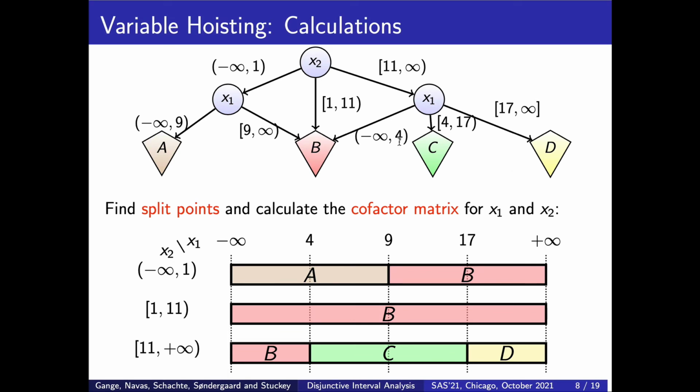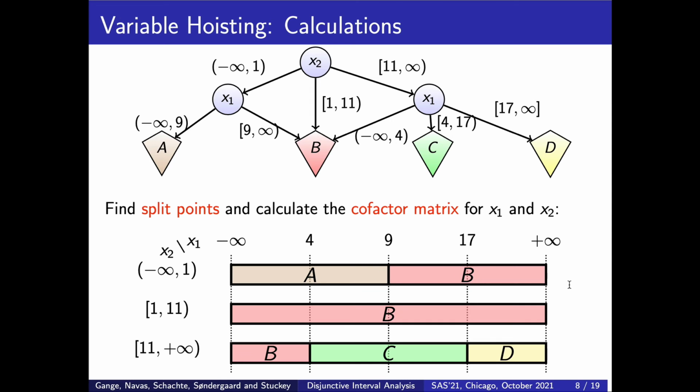So for x1, we recognize here that we're going to need 4, 9, we're going to need 17. And so we can build this matrix of the relevant cofactors for all the combinations of ranges of x1 and x2 that are relevant.